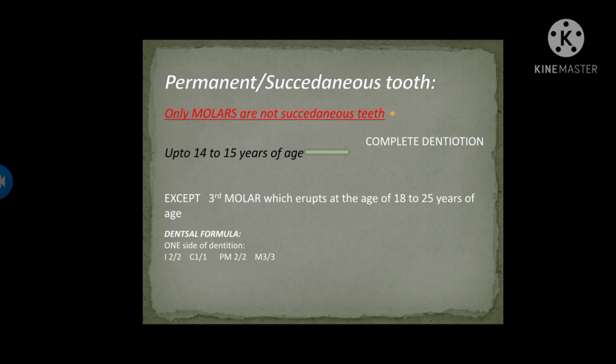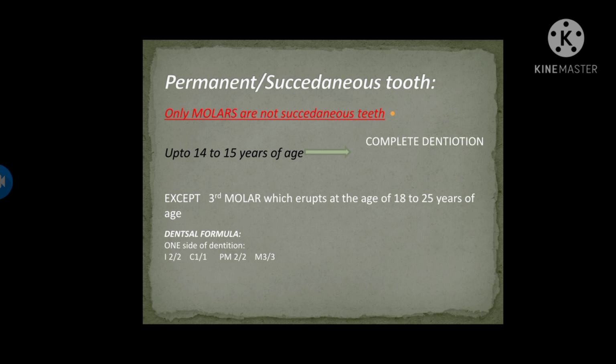In permanent dentition we have a total of 32 teeth in the dental arches, 16 in the maxillary arch and 16 in the mandibular arch, and 8 teeth in each quadrant. And its dental formula of one side would be 4 incisors, that is 2 upper and 2 lower, 2 canines, 1 upper and 1 lower.